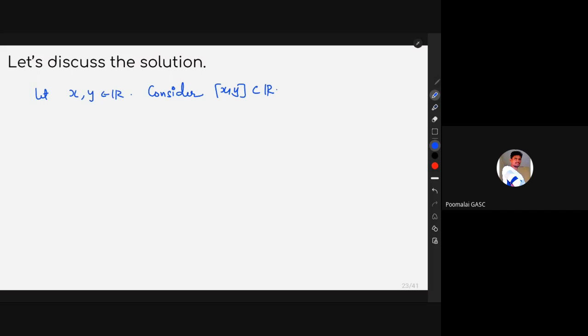Further notice that f can be thought of as a function from [x, y] to R, because you can restrict your function from the bigger domain to this smaller closed interval. Further, let k bound f prime, that is, the modulus of f prime is smaller than or equal to k. Now the idea is to apply the mean value theorem.